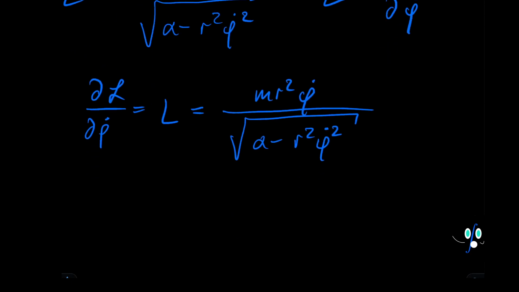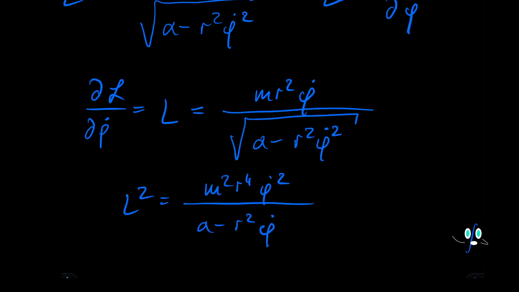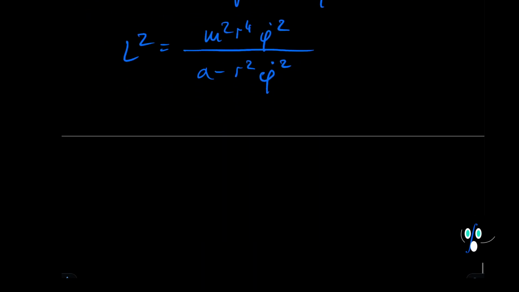So what we want to do is write phi dot or phi dot squared as an expression dependent on the angular momentum, which is a constant term. So what we're going to do is square both sides of the equation. So we have L squared is m squared r to the power of 4 phi dot squared divided by alpha minus r squared phi dot squared.